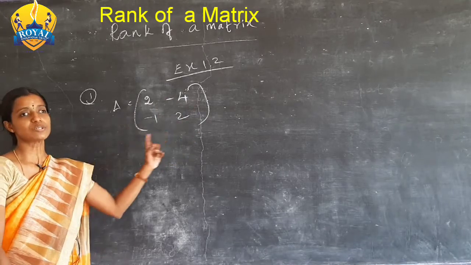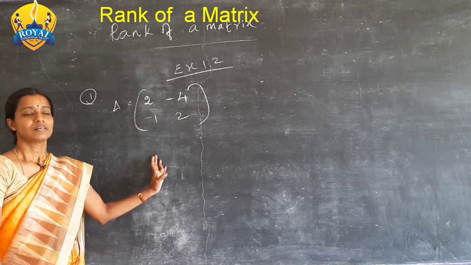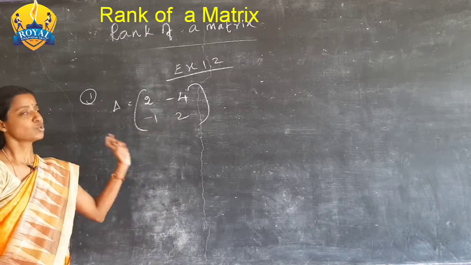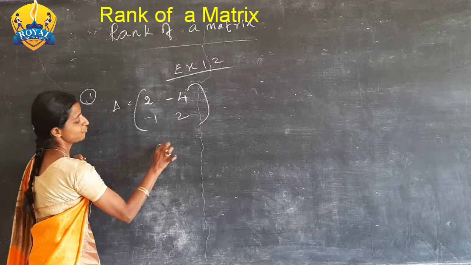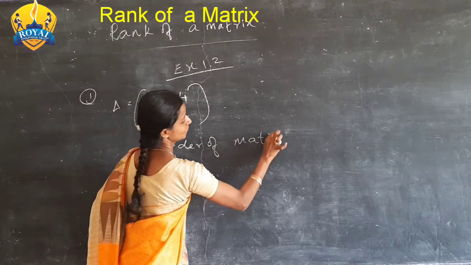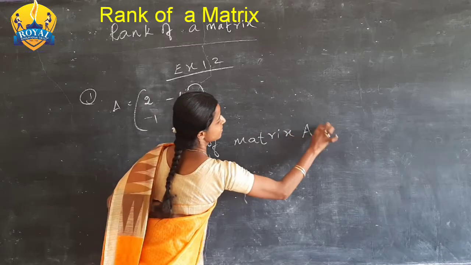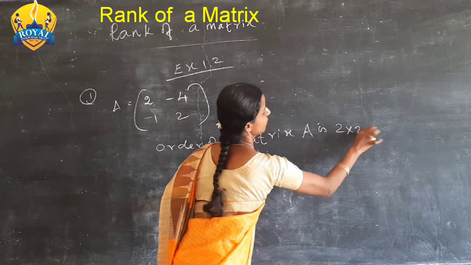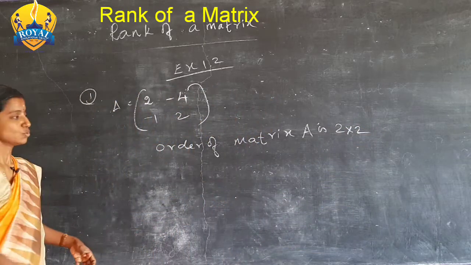Here the number of rows is 2 and the number of columns is also 2. So the order of matrix A is 2 cross 2.